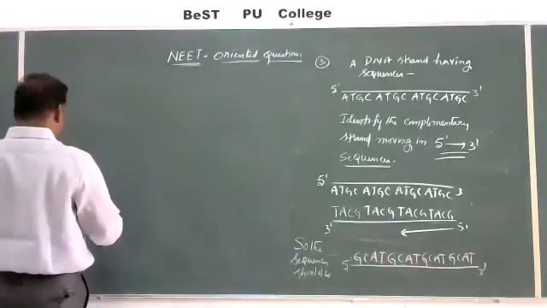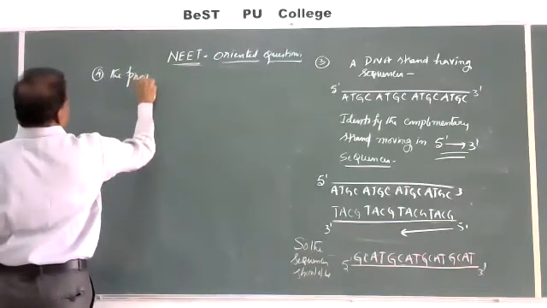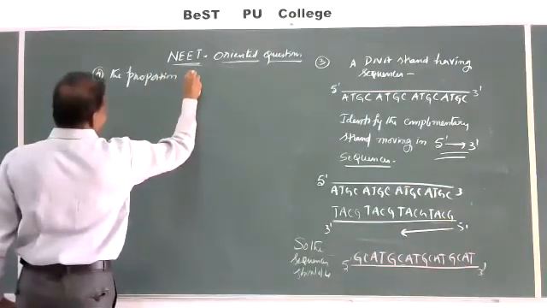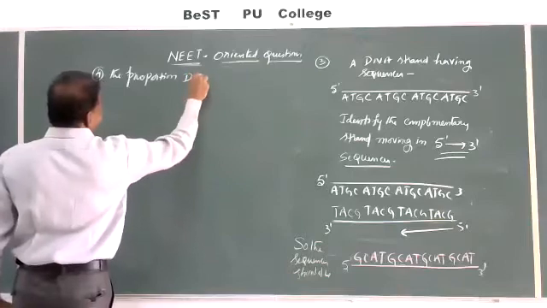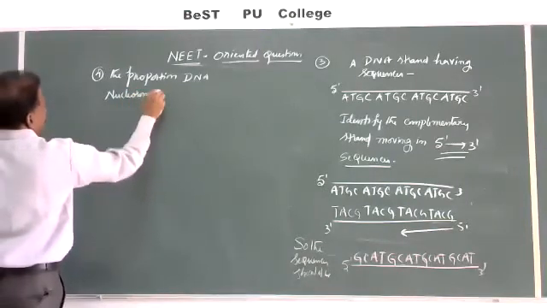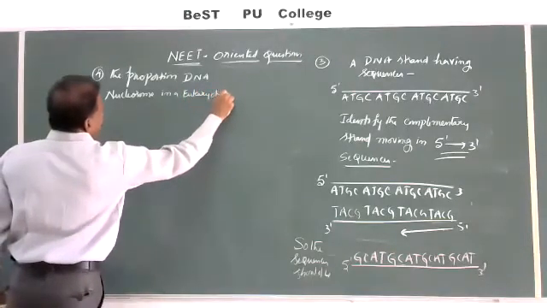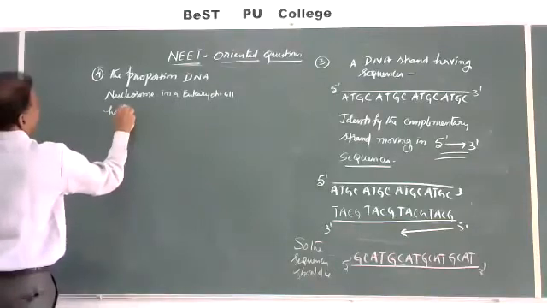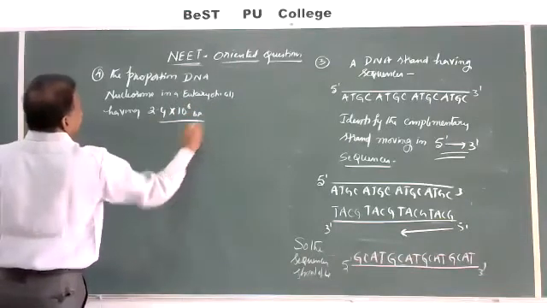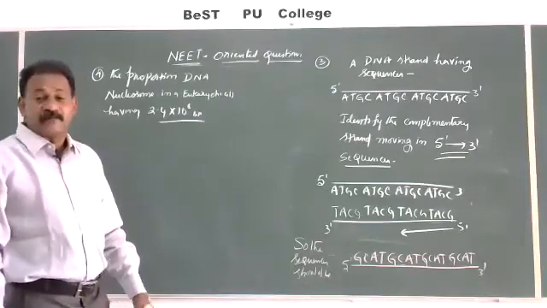The proportion of DNA nucleosomes in a eukaryotic cell having 2.4 into 10 to the power of 6 base pairs length. The concept is how many nucleosomes are there, or what is the length of the DNA.